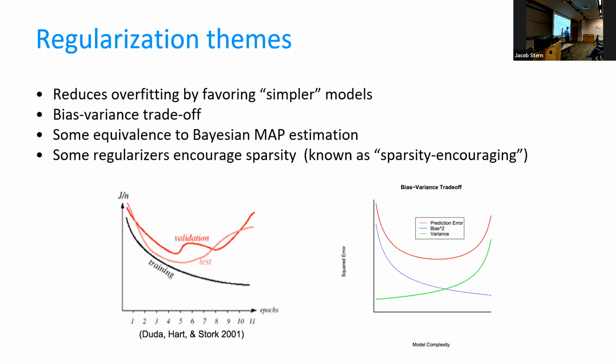If we look at this graph here, regularization will push our model complexity towards zero, which reduces the variance of our model predictions, but increases the bias of them. And then our prediction error is the sum of the bias and the variance. And so the sweet spot will be at a place where we are hopefully minimizing both the error due to the bias of our predictions and error due to the variance of our predictions.